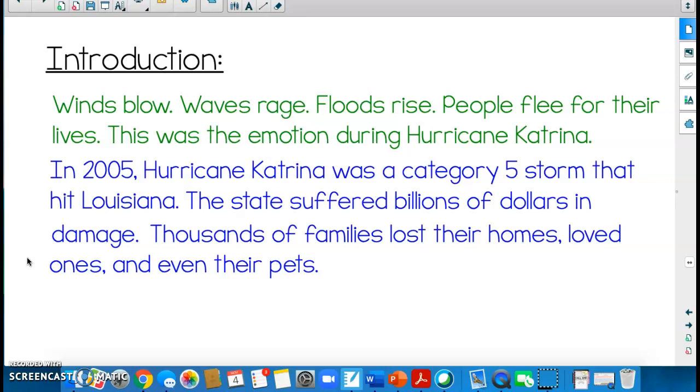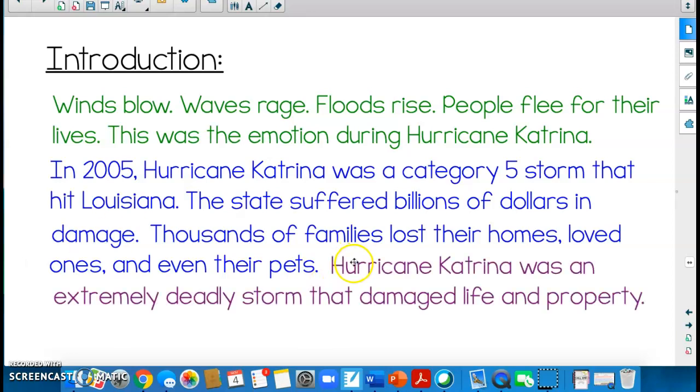So now all that's left to do is write my closing sentence, which, as we talked about, is going to be my thesis. This is going to be the main idea of my whole paper. And my main idea, and probably your main idea too, is going to be: Hurricane Katrina was an extremely deadly storm that damaged life and property.